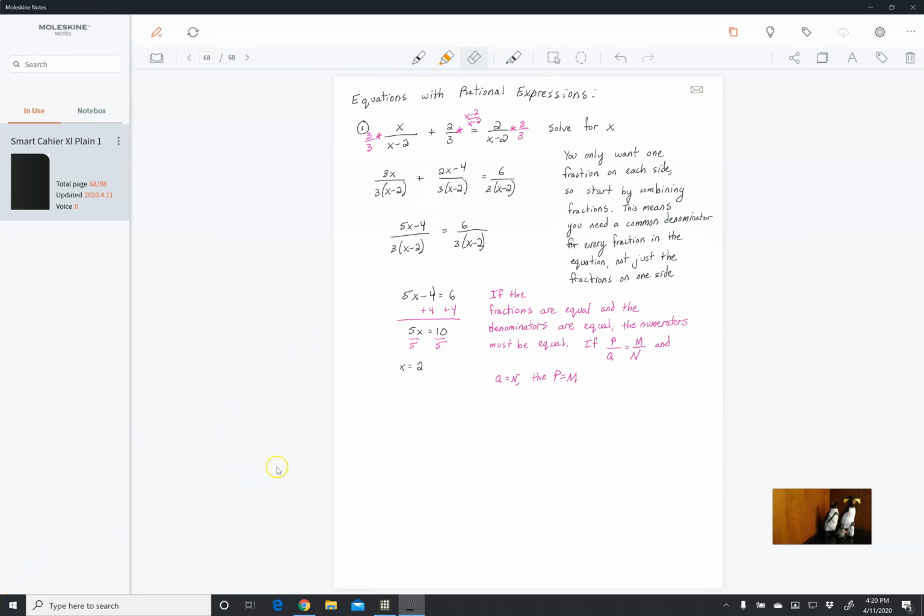So in order to check for our extraneous solutions, we're plugging into every denominator. If we get any denominator that's equal to 0, then it would be undefined and it's an extraneous solution. So this is our last step. I'll put this one in red.